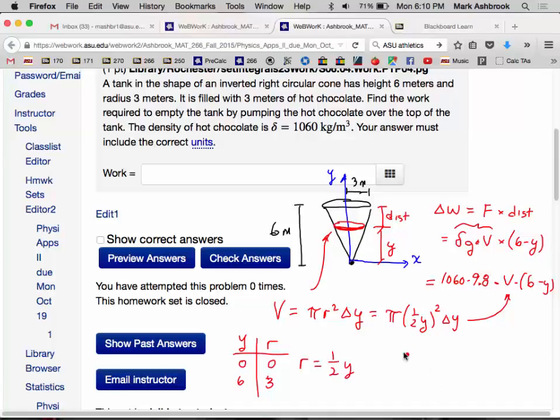So that's the setup. Then the total work is the sum of all the little bits of work.